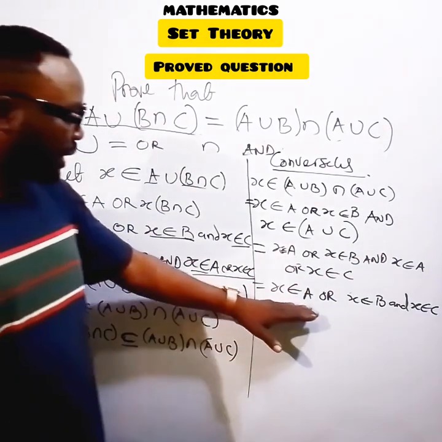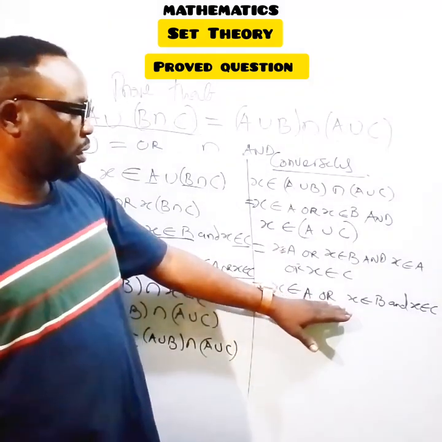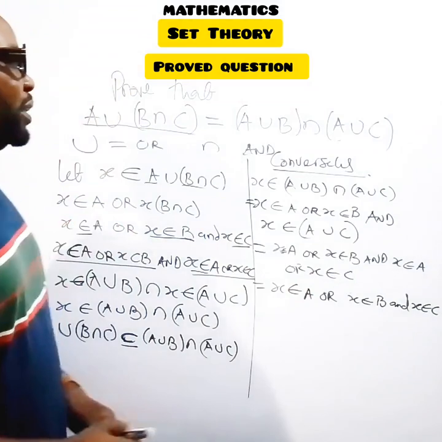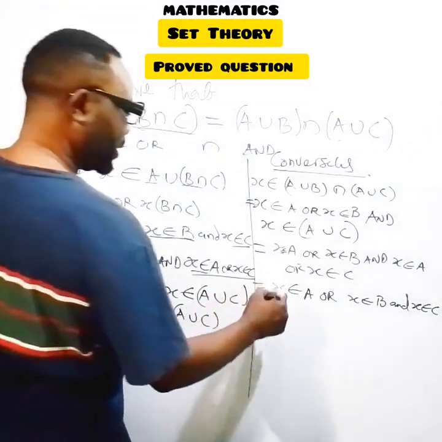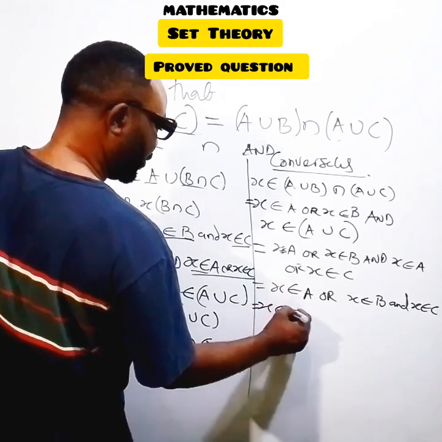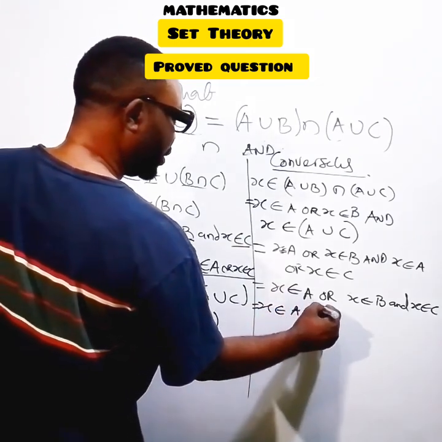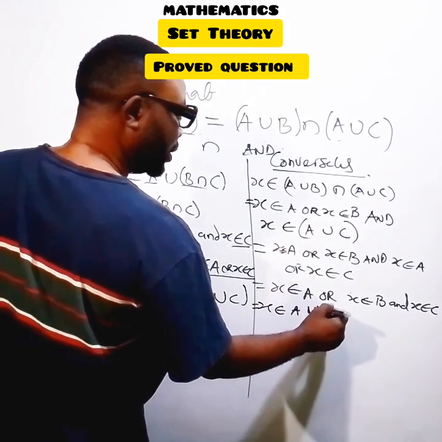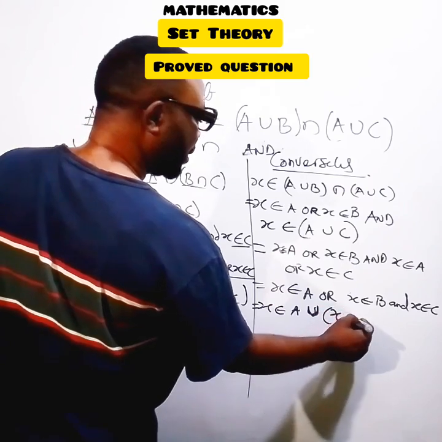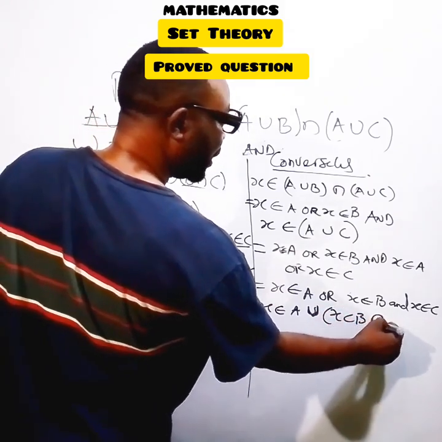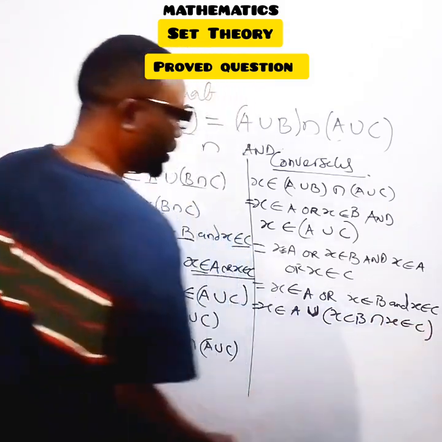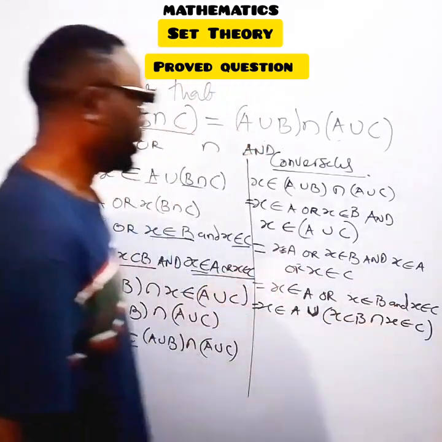So it is now X is a member of A, or X is a member of B and X is a member of C. Which can now be written as X is a member of A union, or it means union, X is a member of B intersection X is a member of C. You can see this and means intersection.